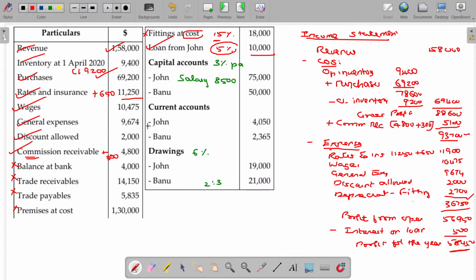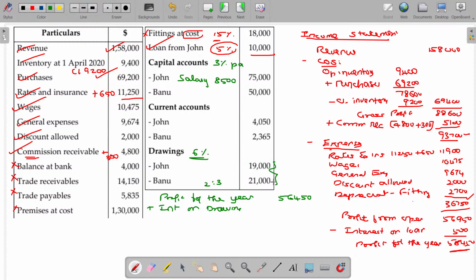Now we'll start the appropriation. Second part. Profit for the year is the starting point for us: 56,450. Add interest on drawings. Drawings carry 6% interest.